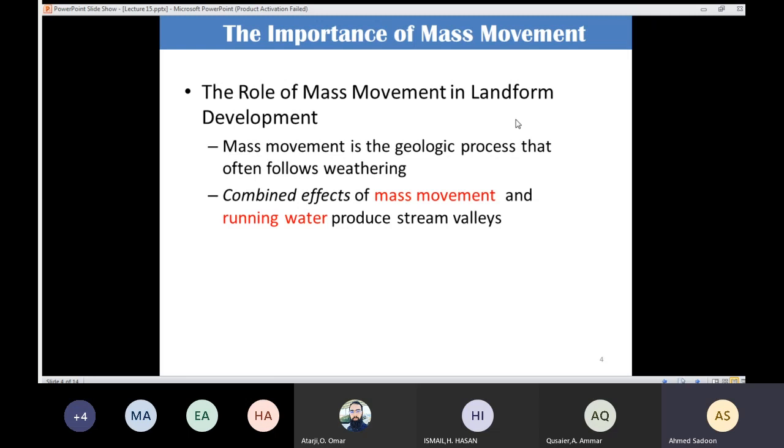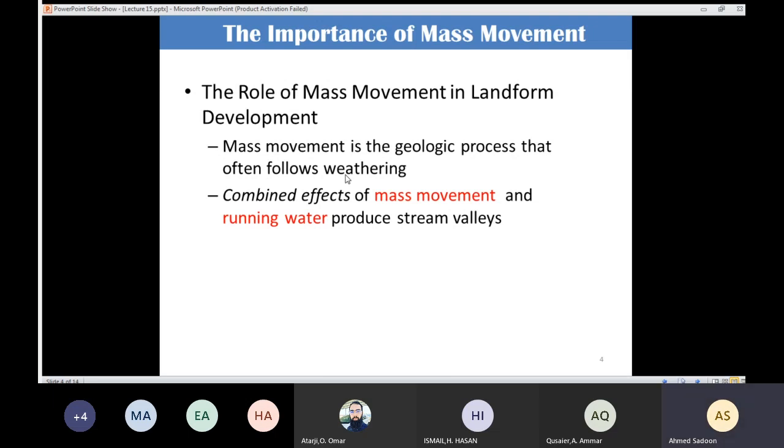And actually, before the mass movement, we are going to see the weathering. So the mass movement often follows weathering. After the weathering happens, then after that, we are going to witness mass movement.